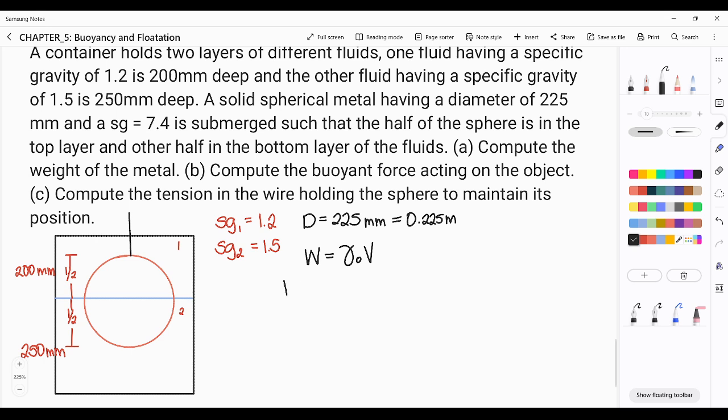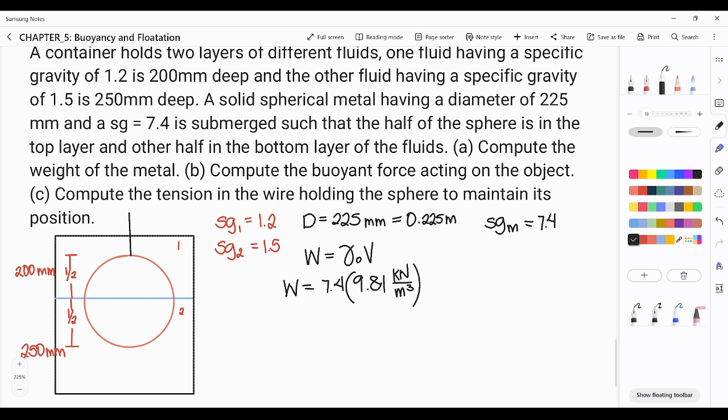So, given naman yung SG of our metal, the SG of metal is equal to 7.4. So, 7.4 times gamma of water. The gamma of water, 9.81 kilonewtons per cubic meter.